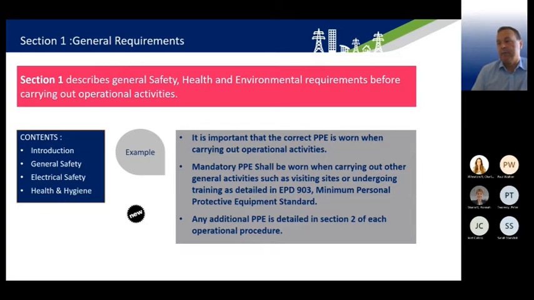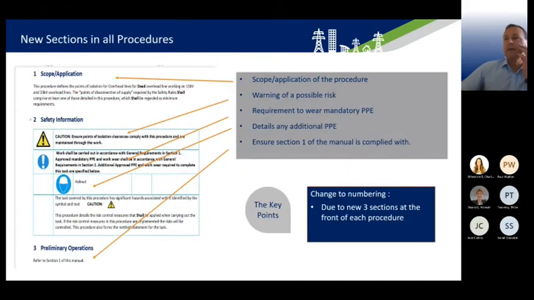There's a mandatory requirement for PPE when working in our substations or working operationally, such as coveralls, boots, glasses, and cut-resistant gloves, and those requirements are all detailed in EPD 903. That's the minimum mandatory requirement, and on top of that, anything additional needed for a particular procedure will be detailed in that procedure, and I'll show you an example of that in the next slide.